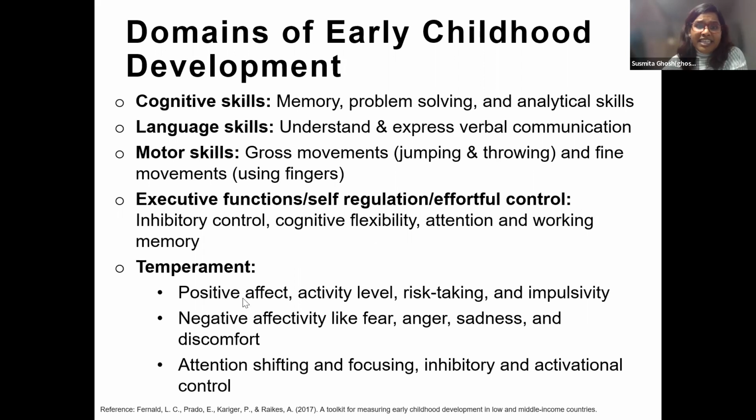So the temperament can be positive affect or activity level or risk taking of a child, or the negative affectivity like fear, anger, sadness, or discomfort, and the attention shifting and focusing and inhibitory and activational control.